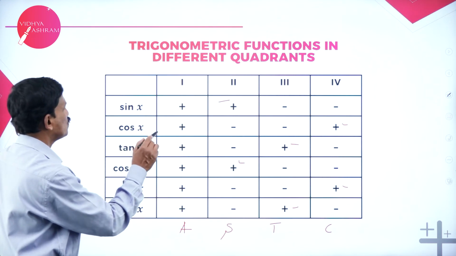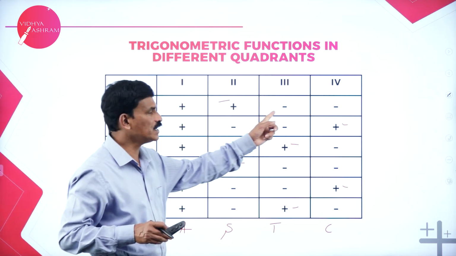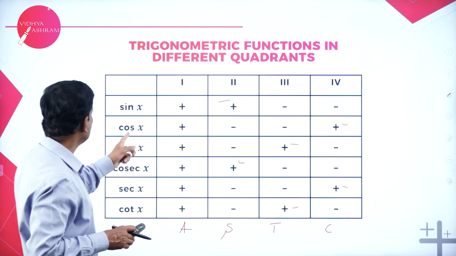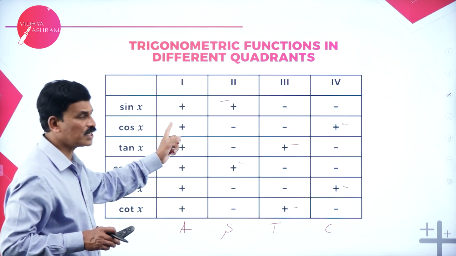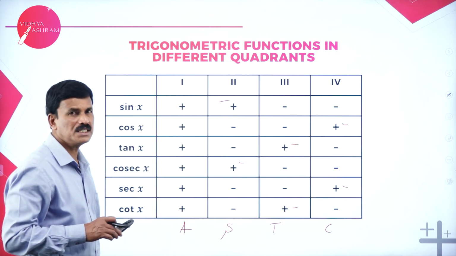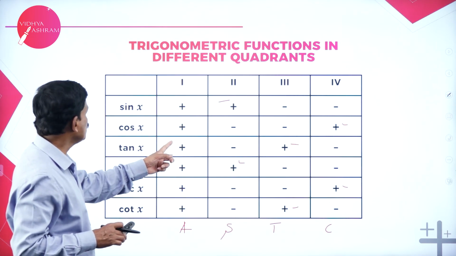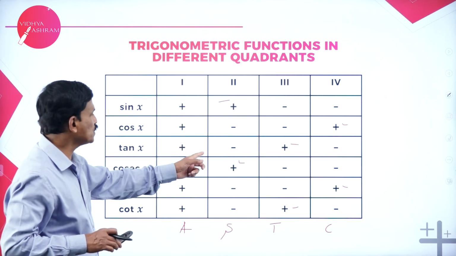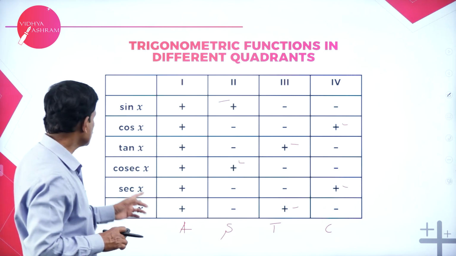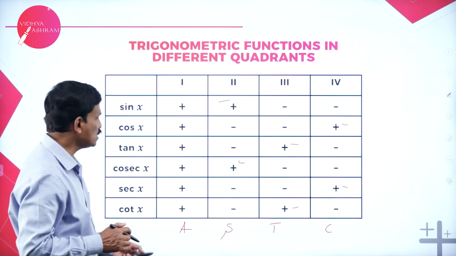Sin x is positive in the first and second quadrant, negative in the third and fourth, whereas cos x is positive in the first and fourth quadrant, negative in the second and third, and tan x is positive in the first and third quadrant, negative in the second and fourth. Similarly for cosecant x, secant x and cot x.